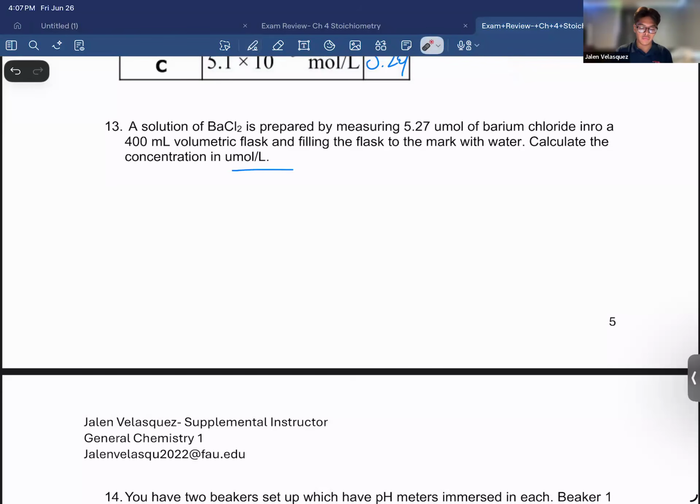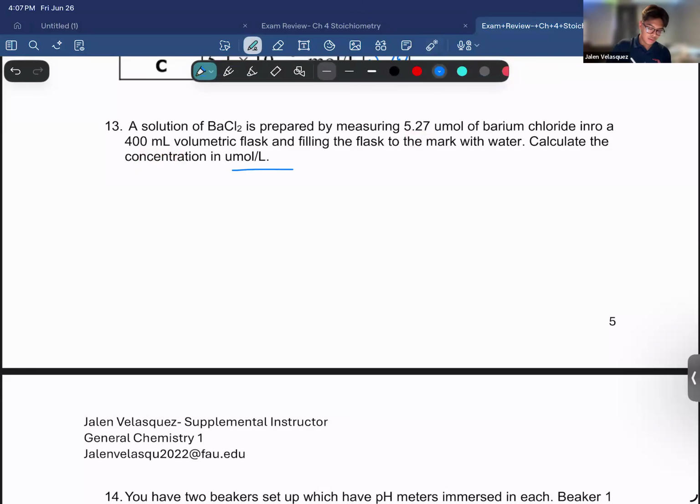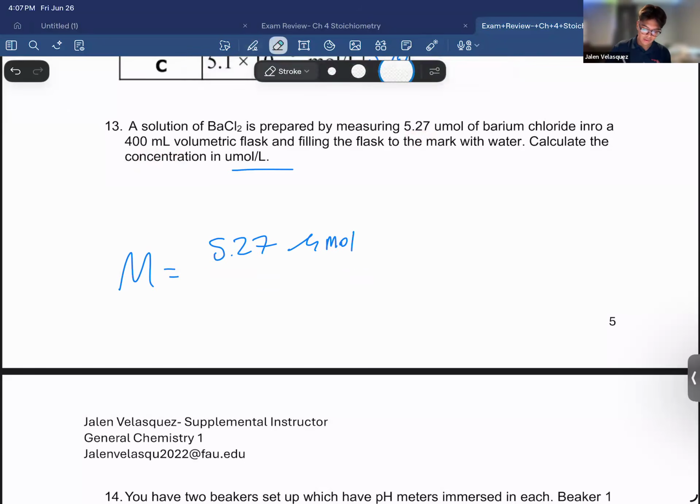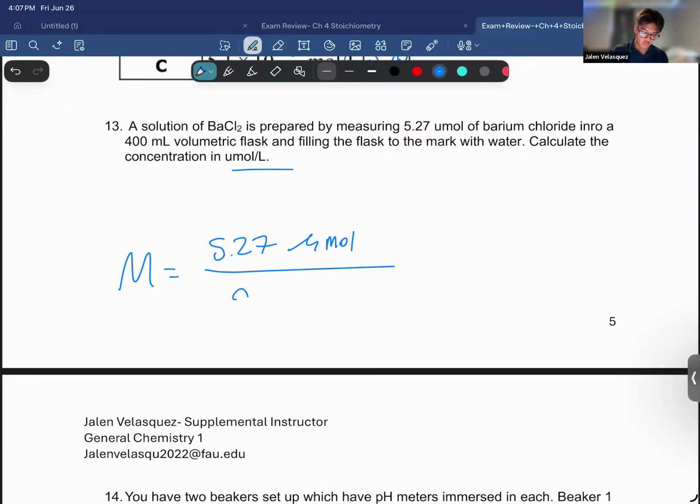So micromole on the numerator is good, but I want liters on the denominator. So the concentration is 5.27 micromoles divided by 0.4 liters equal to 13.2 micromole per liter.